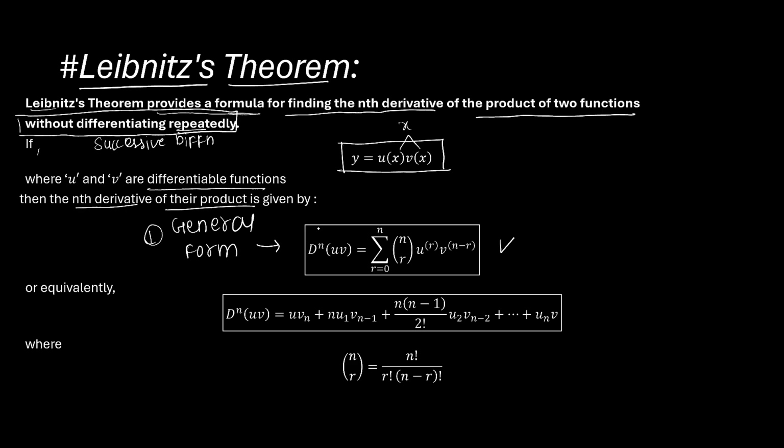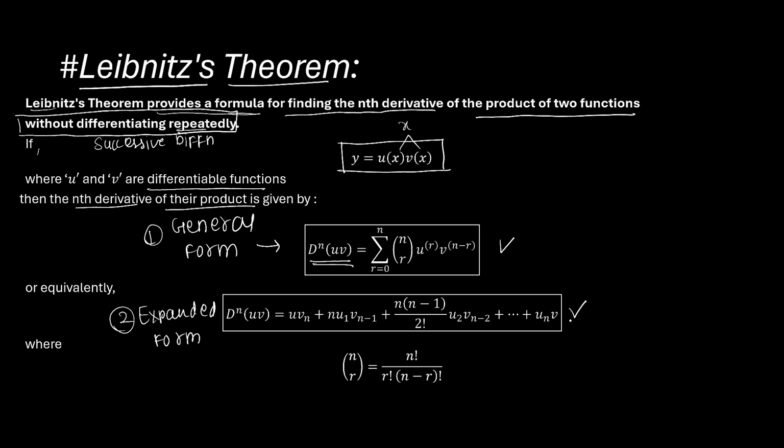This is your general form for finding the nth derivative of the product. Now the expanded form is given by this.